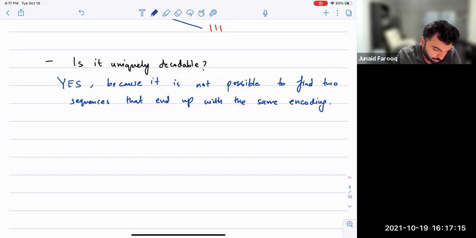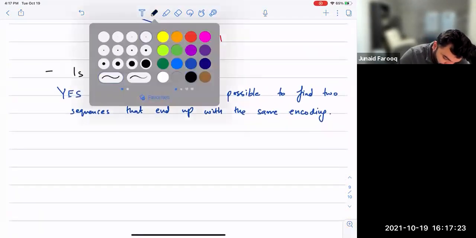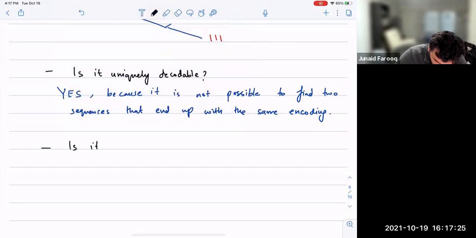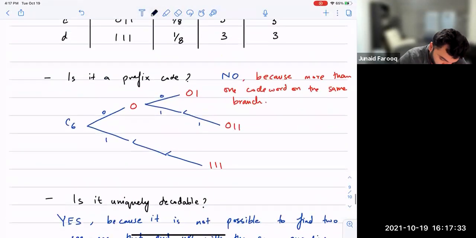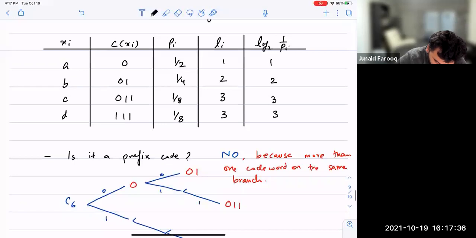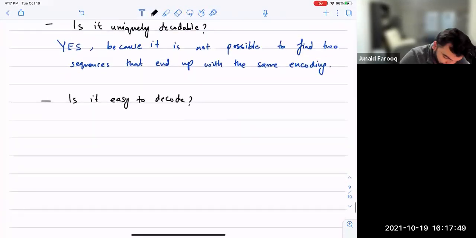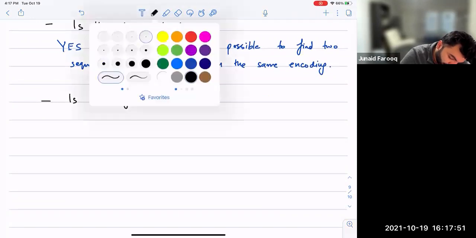Now, the next one is: is it easy to decode? So it's not, and let me tell you the reason why.